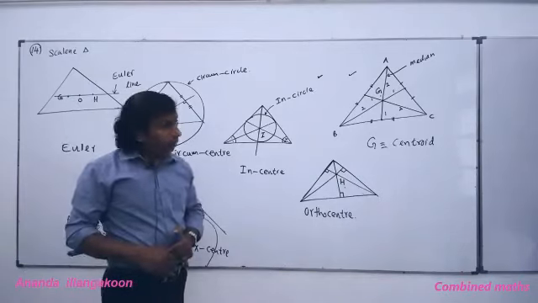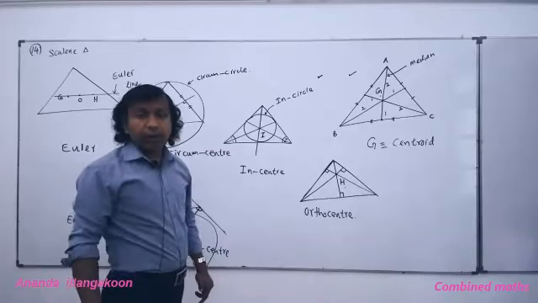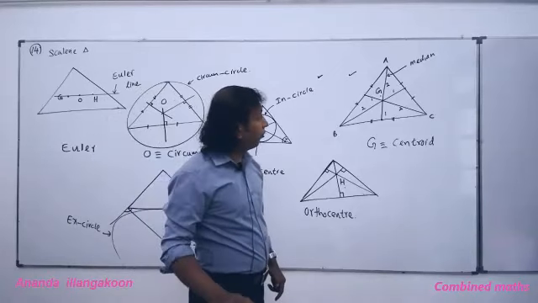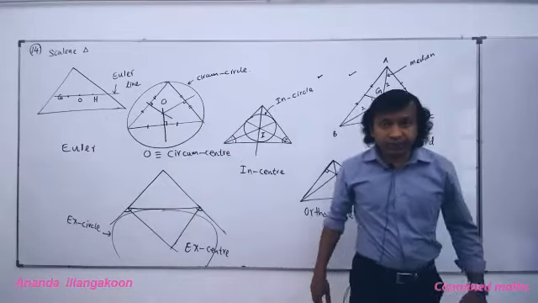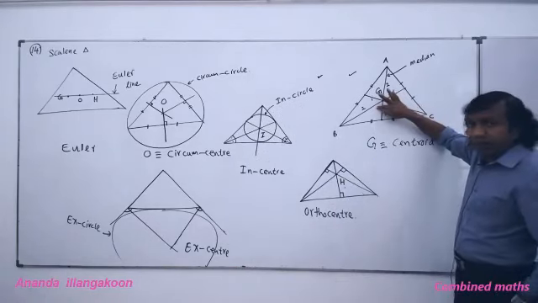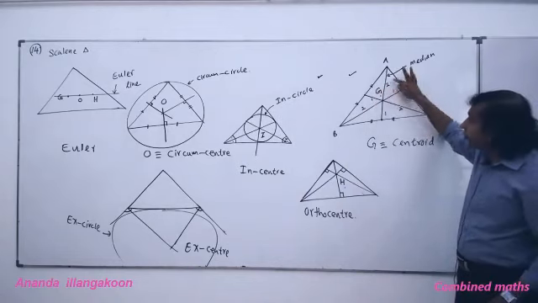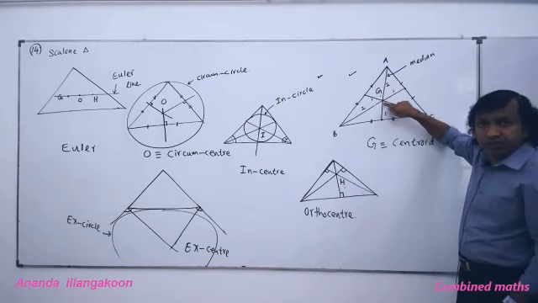Now people, this question 14 says we have to prove, when we construct this way, first that the three medians meet at a point.